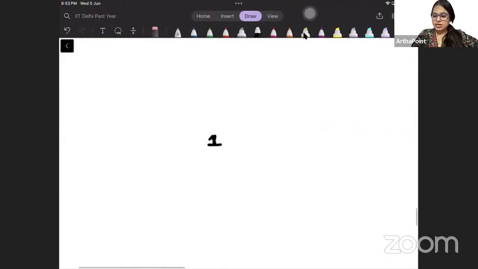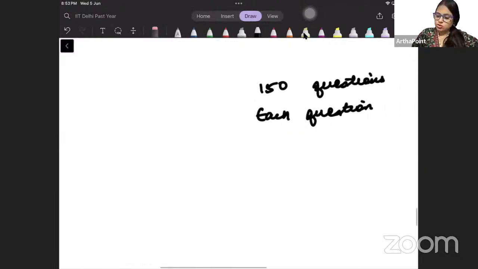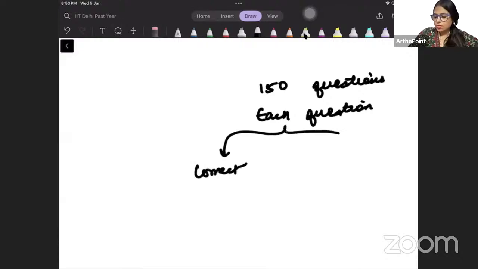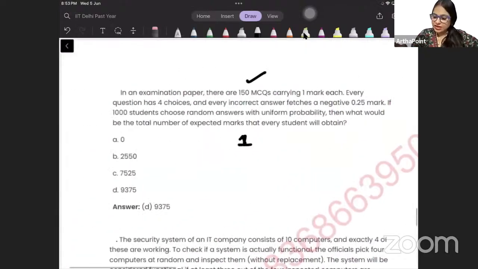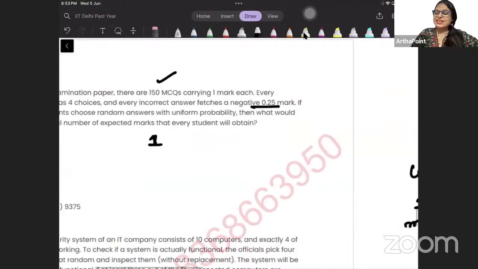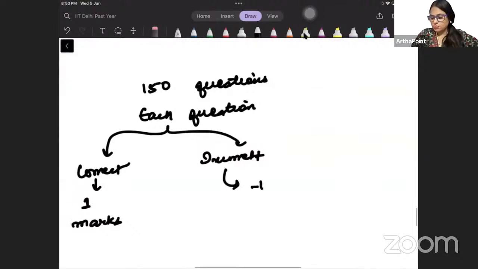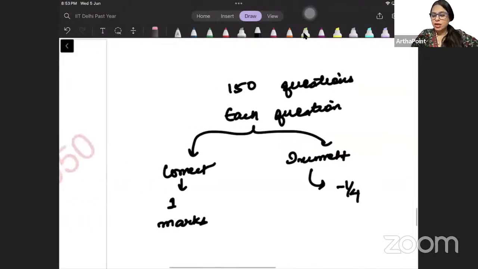So since I am marking the answer randomly for each question, either the answer will be correct or incorrect. If it is correct, then I will get 1 mark. If it is incorrect, then I will get negative 0.25, so minus 1 by 4 marks.